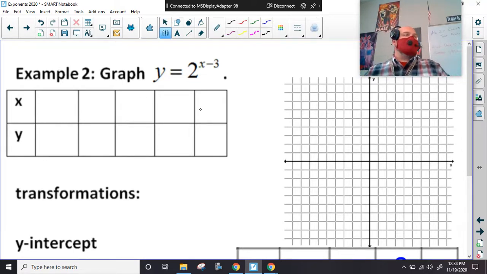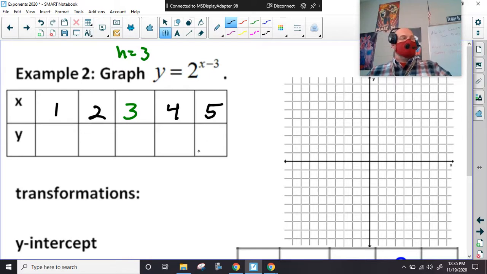We have no x values. We do not know what to do. Or do we have any x values? All right. And this one, h, is 3 because it's written as minus 3, so it's the opposite. This goes in the middle. On the number line, it should go 1, 2, 3, 4, 5.